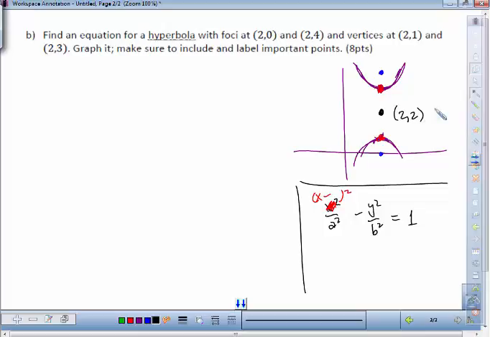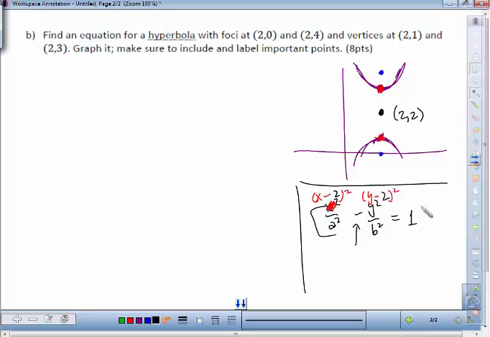Oh, okay. So yeah, one of them is negative, one of them is positive, and so we have to know which one is which. And why is y positive and x is negative? Because it's a vertical hyperbola. So we actually need to change the sign to be on the other side.